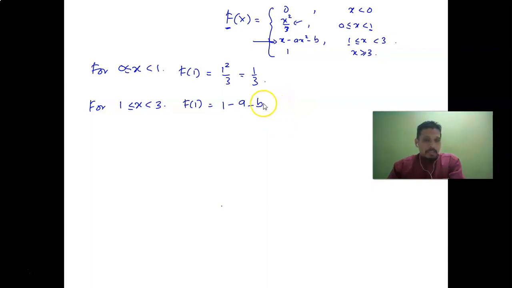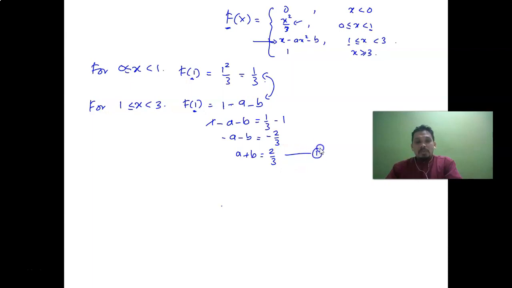And class, because the value at x equal to 1 is the same from both pieces, we can simply combine these two. 1 minus a minus b equals 1 over 3. Then negative a minus b equals, bringing the 1 to the other side, 1 over 3 minus 1, which is negative 2 over 3. So a plus b equals 2 over 3.